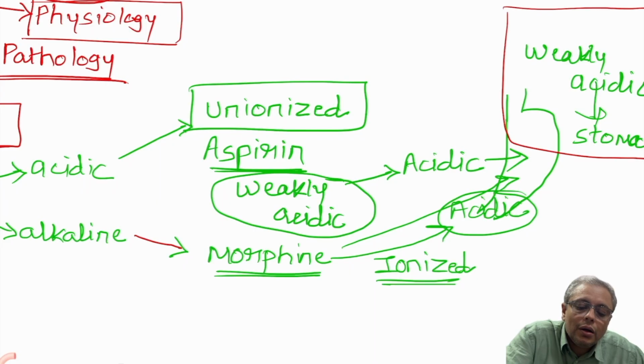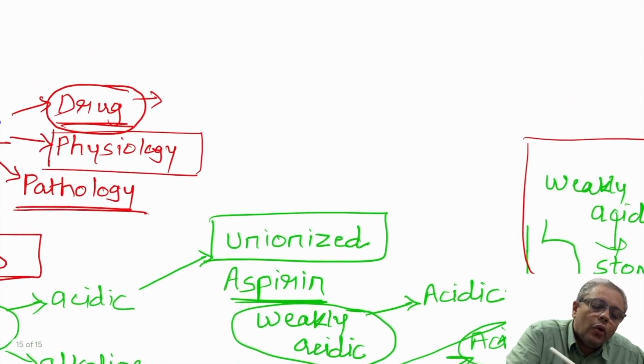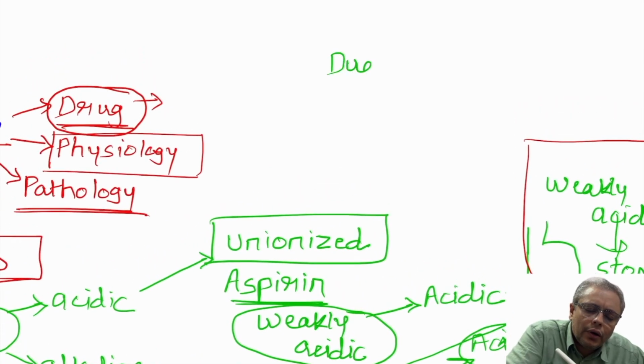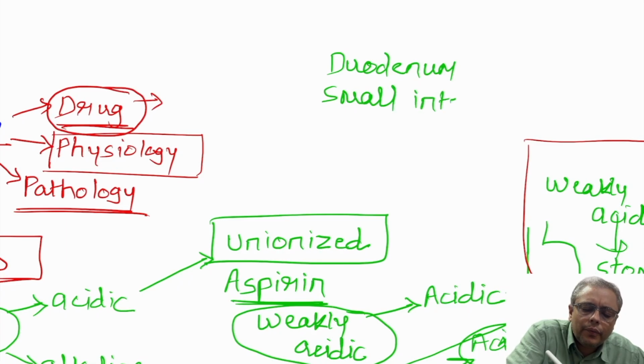But when this drug enters into the duodenum or small intestine, especially the small intestine, there is a slightly alkaline pH.